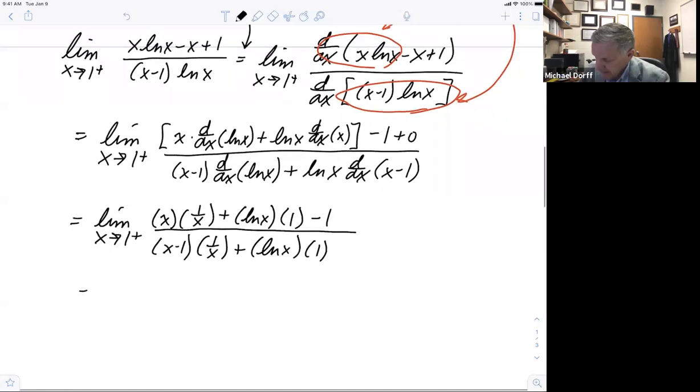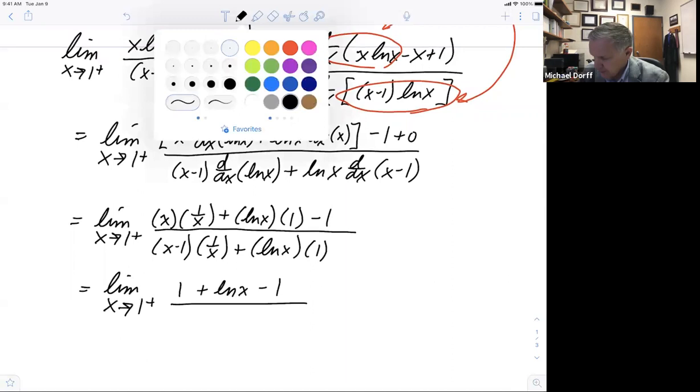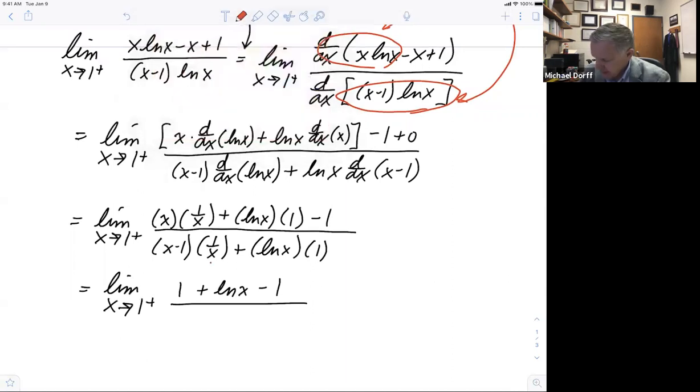And so if I rewrite that, I get the limit as x goes to 1 from the right of 1 plus natural log of x minus 1 over, and then I'm going to distribute this 1 over x to both terms here.